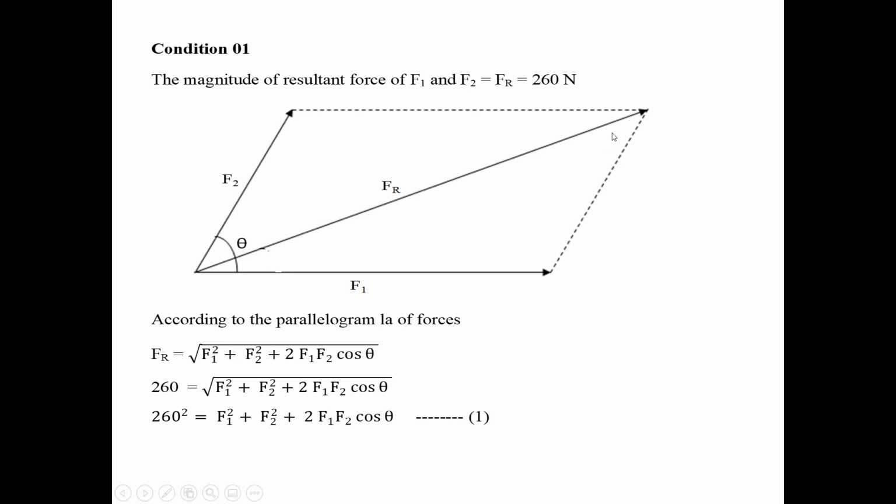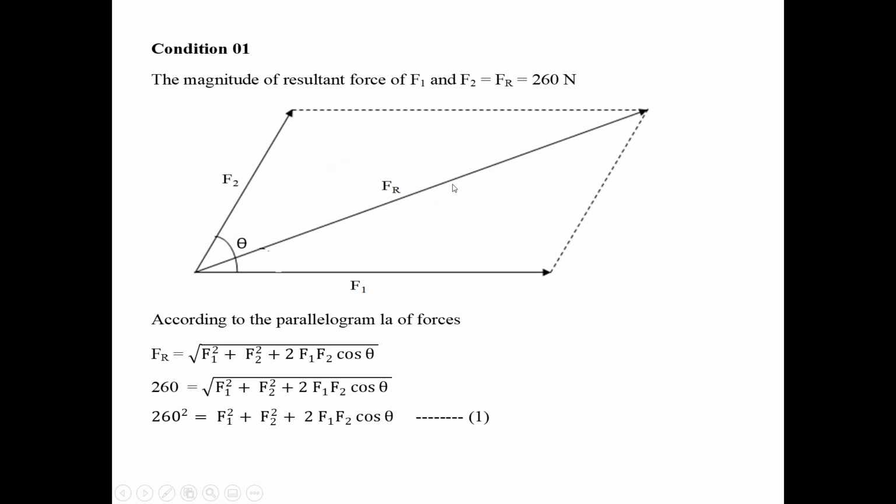The resultant force magnitude is 260 newtons. This is the parallelogram in the first condition: F1 is the bigger force, one side; F2 is the smaller force, the second side; Fr is the resultant force of F1, F2, 260 Newton; theta is the angle between the forces F1, F2.